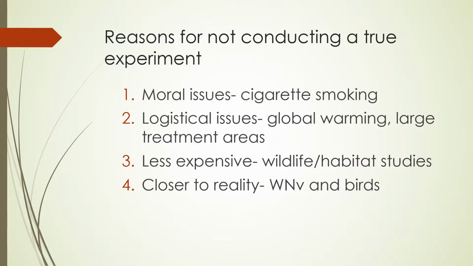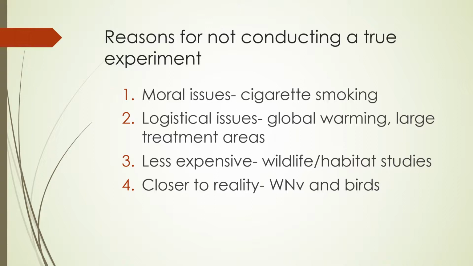And there's a fourth consideration that isn't addressed as much, and that is that in some cases we may conclude that a test of effect in the field may have a better chance of telling us what the effect is on a wild population than doing a manipulative experiment in captivity. An example of that is when we were looking at the effects of West Nile virus on Swainson's thrushes.